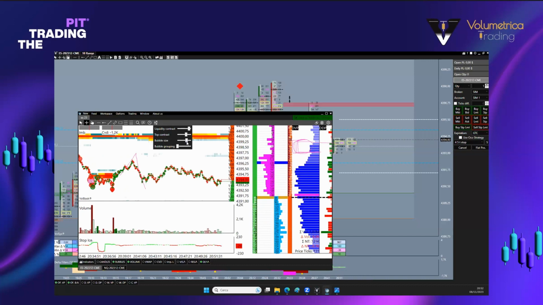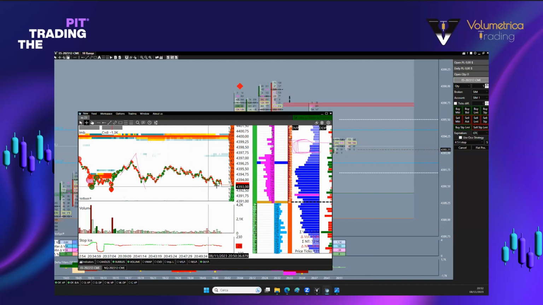We can also adjust from here the size of the bubble just to have a clear idea of who is controlling. At the moment, I would say that's neutral.